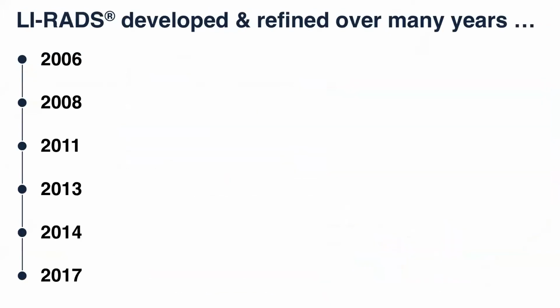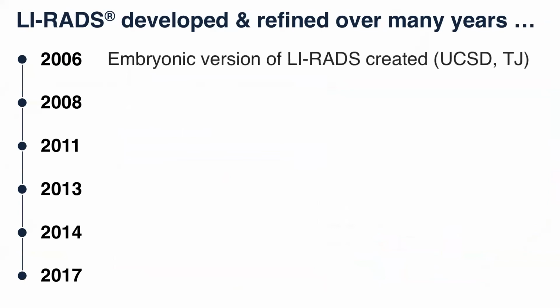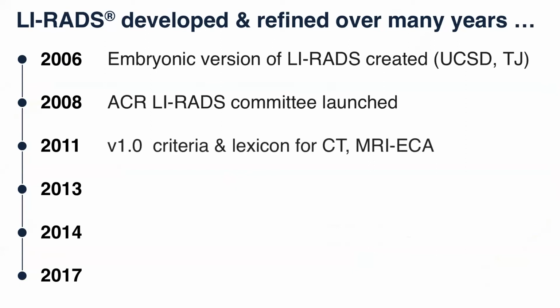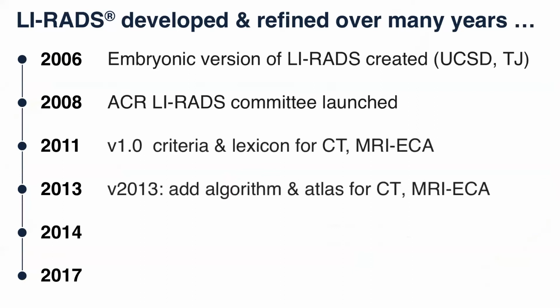Now, LI-RADS was developed and refined over many years. It was first developed in 2006 as an embryonic version at UCSD and at another North American center, Thomas Jefferson. In 2008, a committee was convened by the American College of Radiology, so the ACR LI-RADS committee. After 3 years of iteration and lots of arguing, version 1 was released, which at that time had criteria and lexicon for CT and MRI with extracellular agents. 2 years later, we created an atlas.